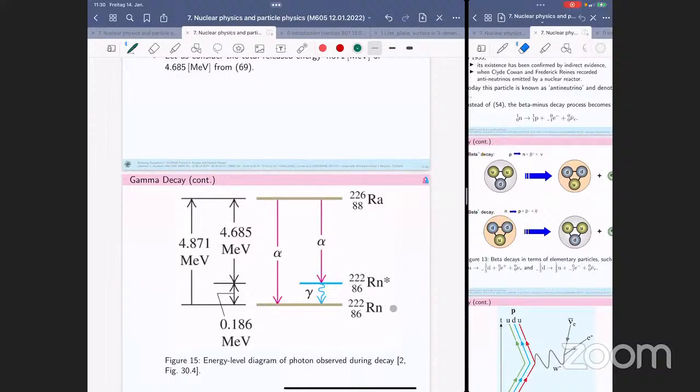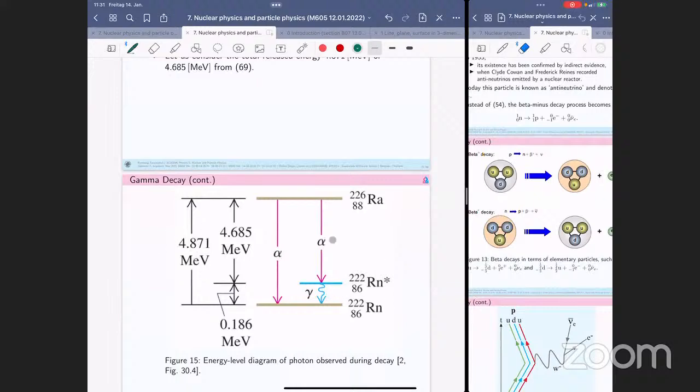You get the alpha particle and the radon nucleus in the stable state, right? In the other way, you start from radium and you get the radon nucleus, but in the excited state with the star symbol here. And the energy released here is only 4.685, but the complete process has the energy released of 4.871.